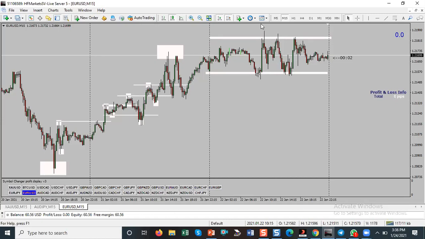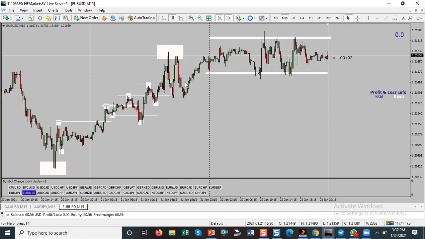It neither moved up nor down. So at this point, you avoid trading. Even here, look at this point. This drop down, swing low, swing high, swing low, swing high. You avoid trading.